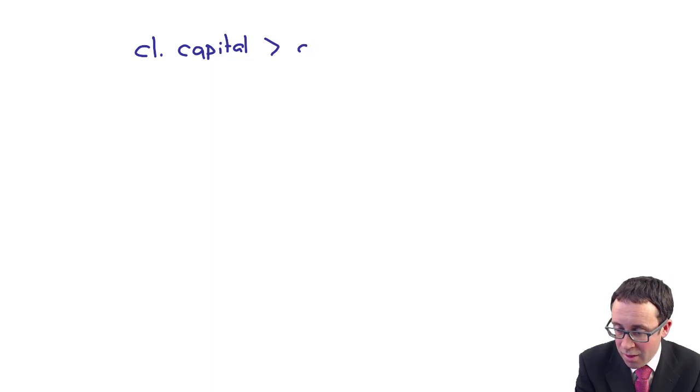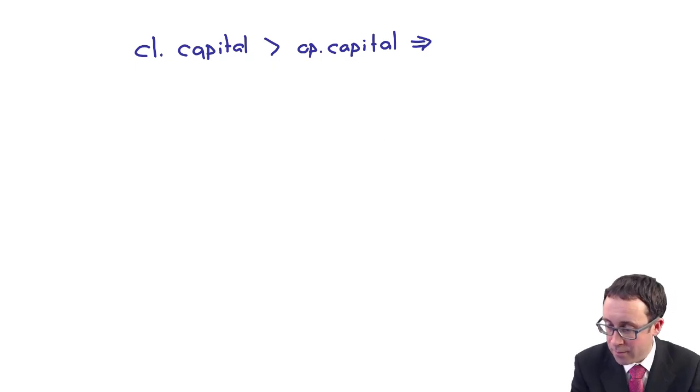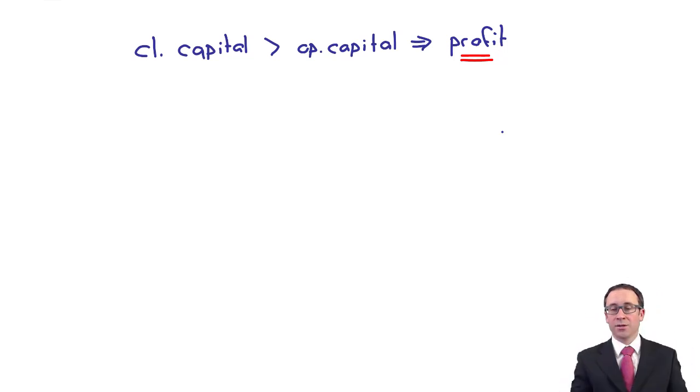And what you should have is that if your closing capital is greater than your opening capital, then the difference between them is profit, isn't it? Okay. So if your closing net assets are greater than the opening net assets, you've made profit.